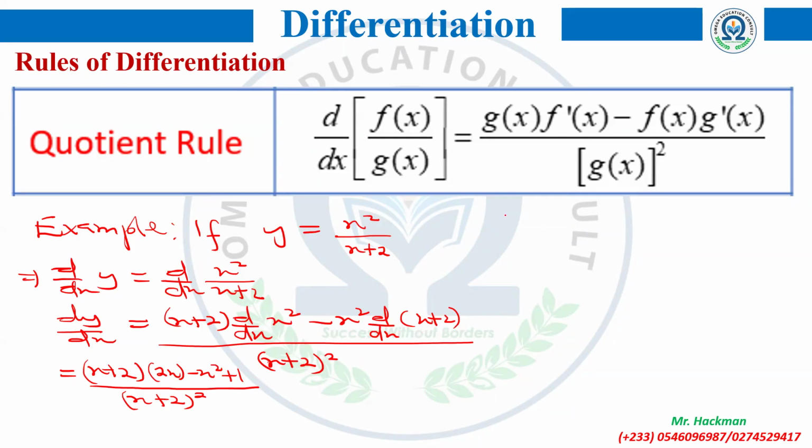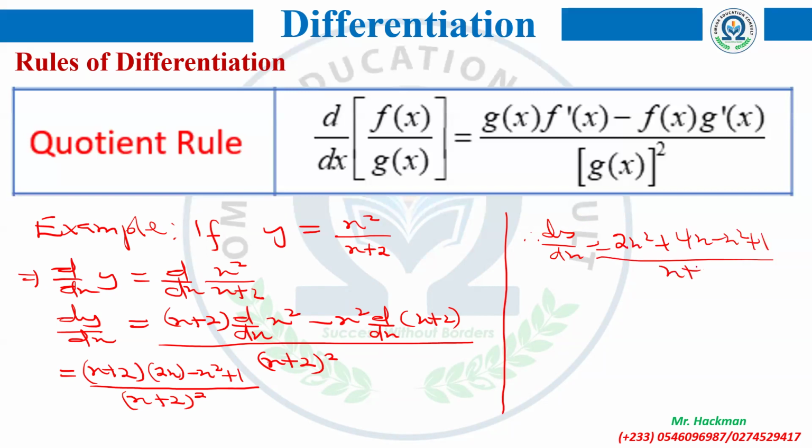So in effect, if you continue, we are going to get dy dx equal to, if you expand, 2s squared plus 4x, then minus s squared plus 1, all over, don't expand your denominator, never, s plus 2 all squared.